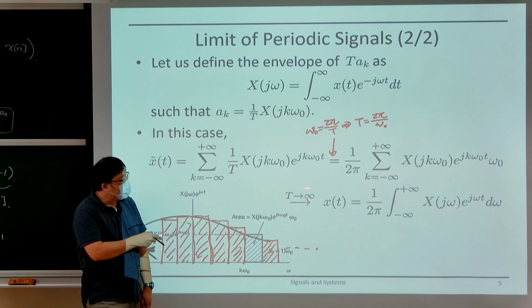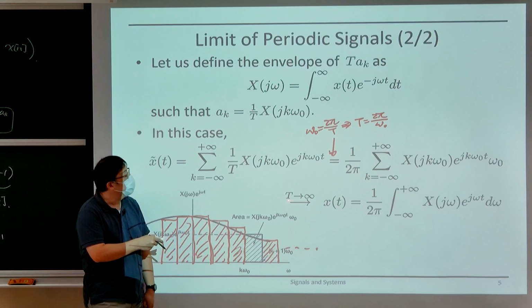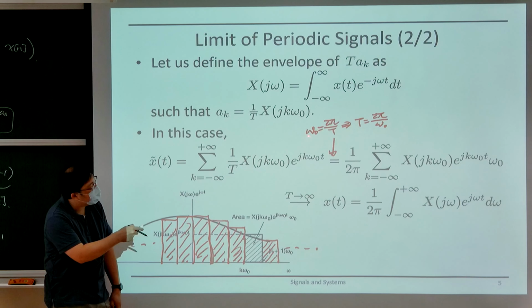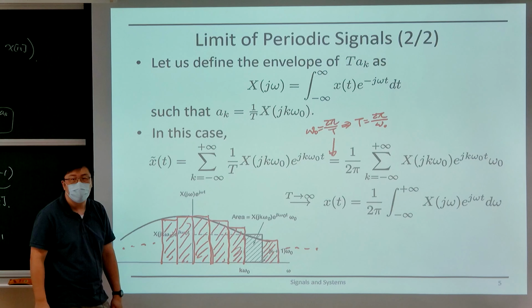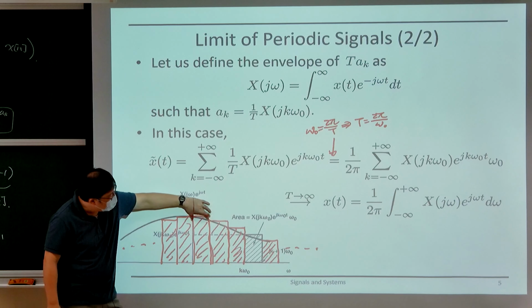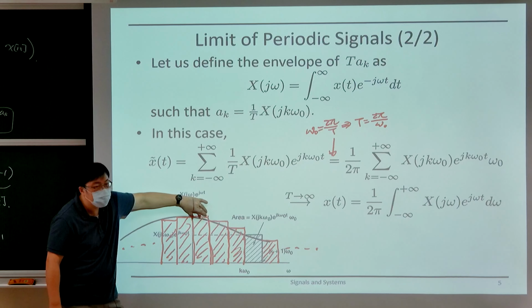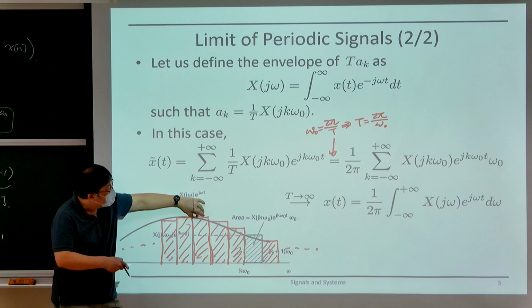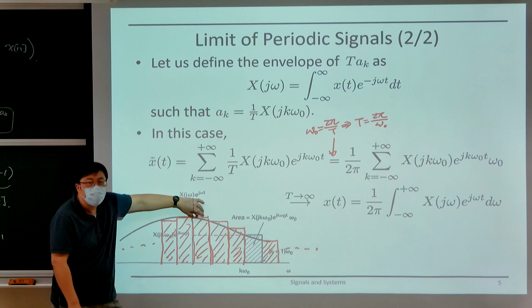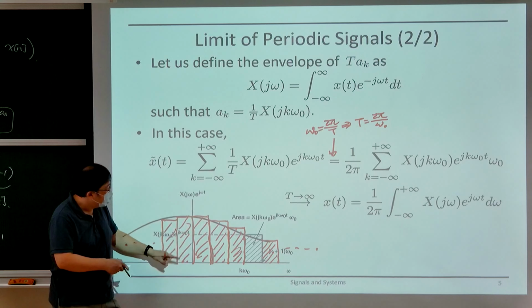Now, as capital T goes to infinity, or equivalently as omega naught goes to 0, what you have is basically the Riemann integral. As this becomes smaller and smaller, eventually this summation will converge to the Riemann integral of this function.